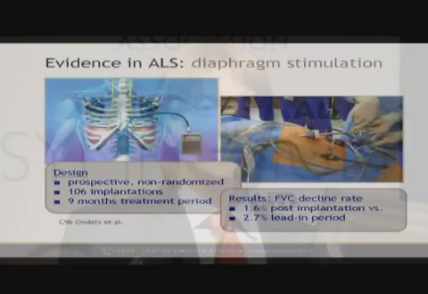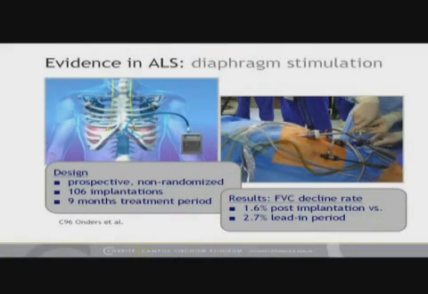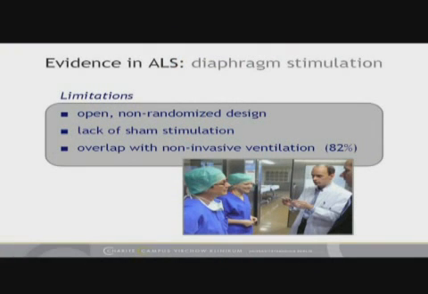He showed that the slope of decline of the forced vital capacity was 1.6% per month post-implantation as compared to 2.7 during the lead-in period. There are some limitations of this study, mainly due to the open and non-randomized design and the lack of sham stimulation.